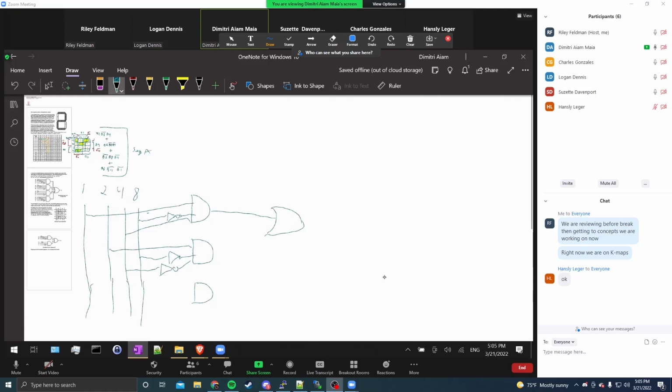So 2 is negated. 8 just goes through, and 4 is negated. And then the last one, 8 just goes through, 4 is negated, and 1 is negated. And then all of this goes over here. That's the A segment.